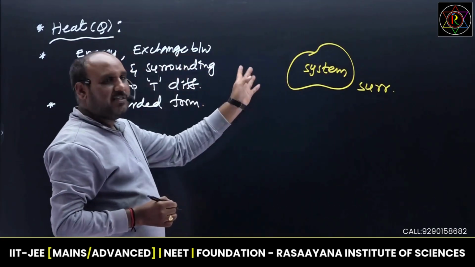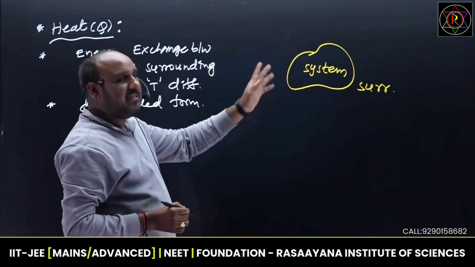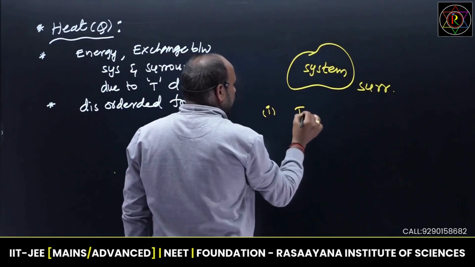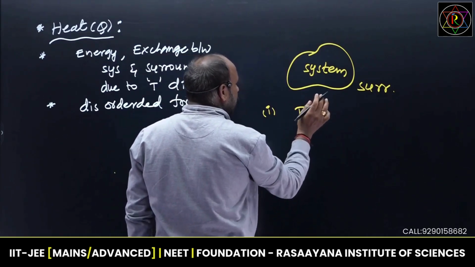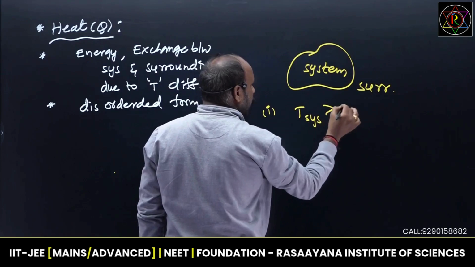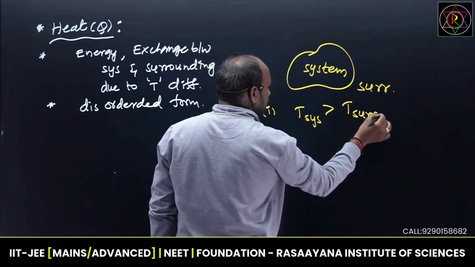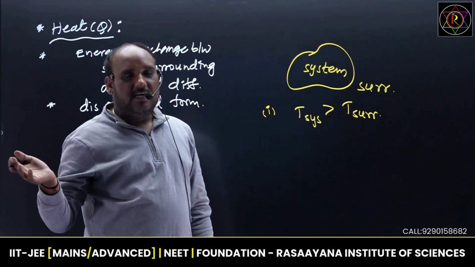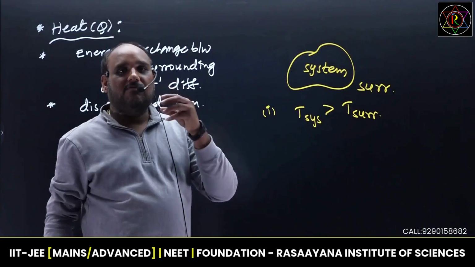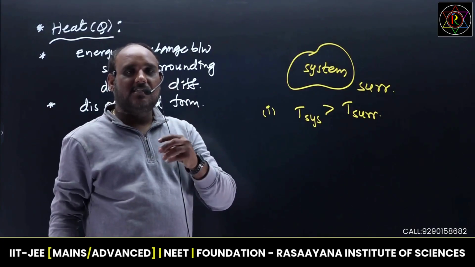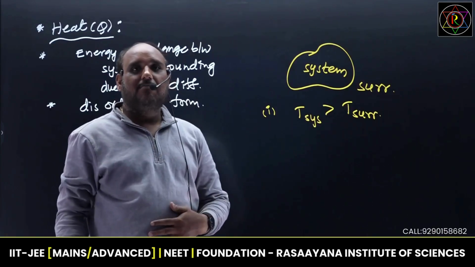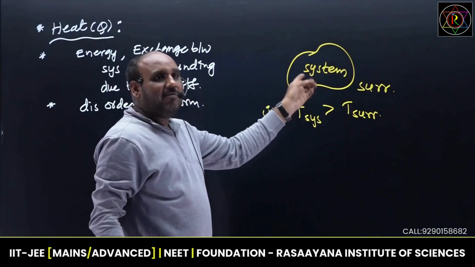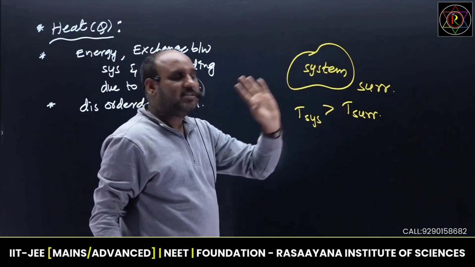Whenever a system and surroundings are there, both are present at different temperatures. In the first situation, the temperature of the system is very high compared to the surroundings temperature. At that time some amount of heat energy is transferred to the surroundings by the system. So the system releases some amount of heat energy to the surroundings.